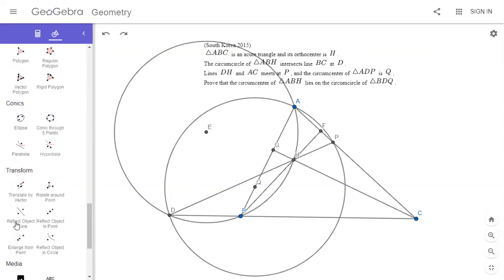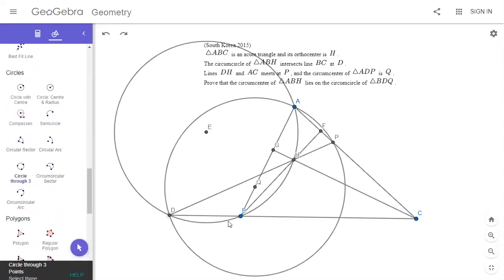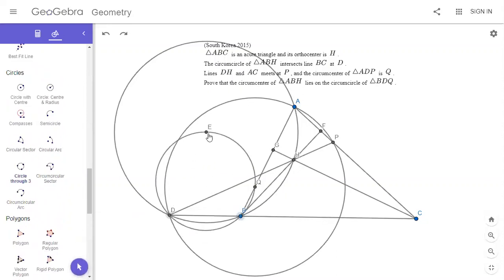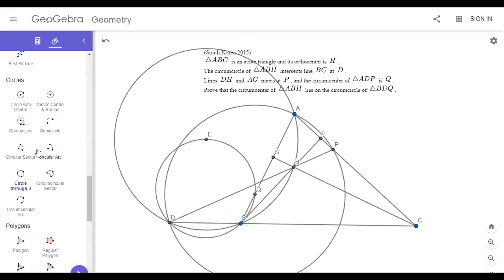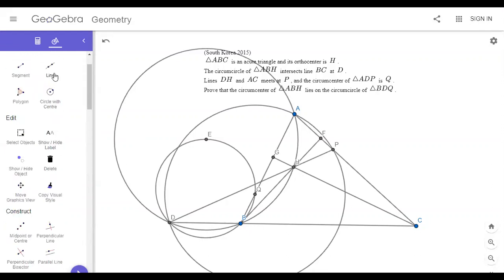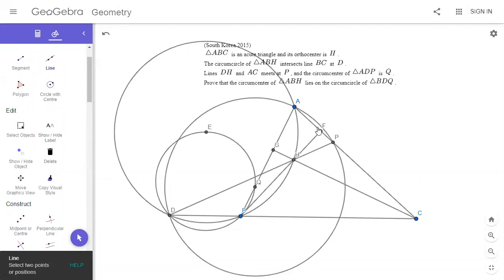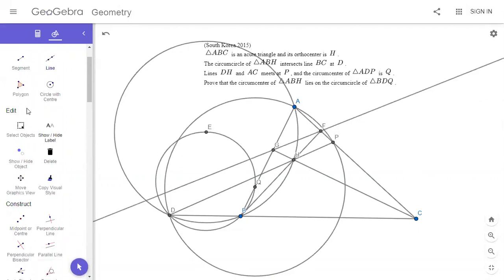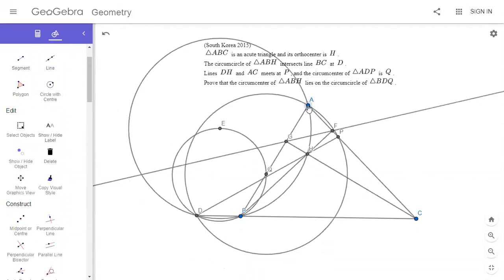I could call it Q prime later, but what if I draw the circumcircle of EDB? Is GF parallel to DP? I think that might be true. Oh no, I don't think so. No.